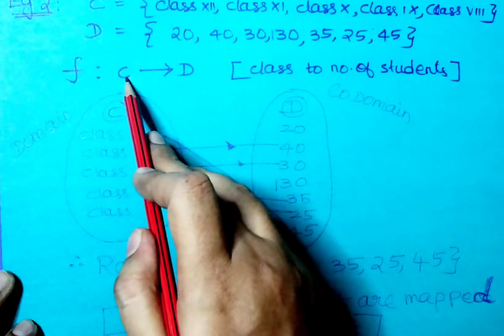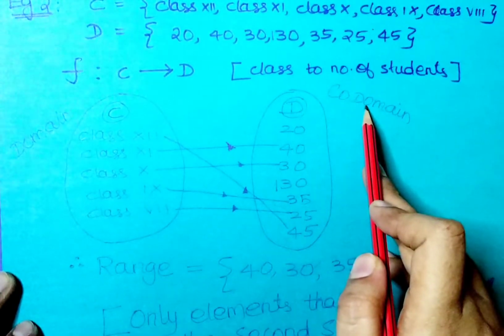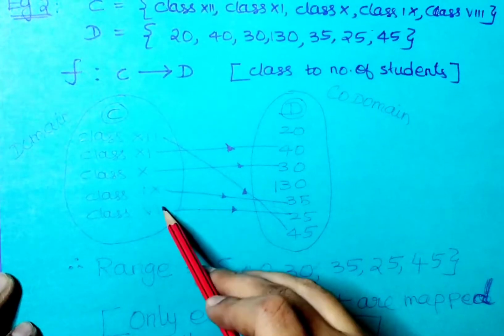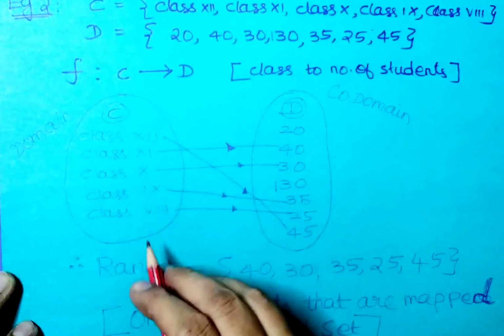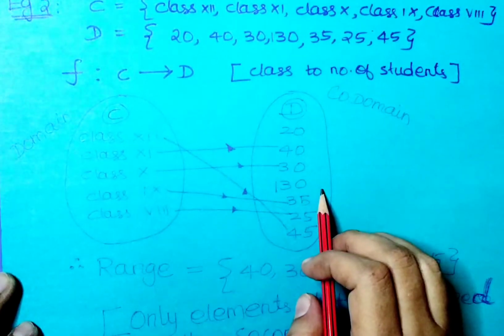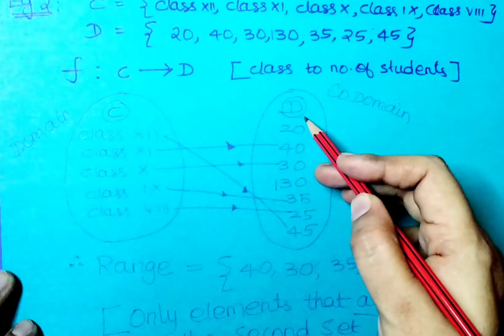C is the first set, so it is the domain. D is the second set, so it is the codomain. We have only 12, 11, 10, 9, sorry, 8: 5 classes. According to the strength, we have matched them here. But if you see, 30, 20 is not mapped.